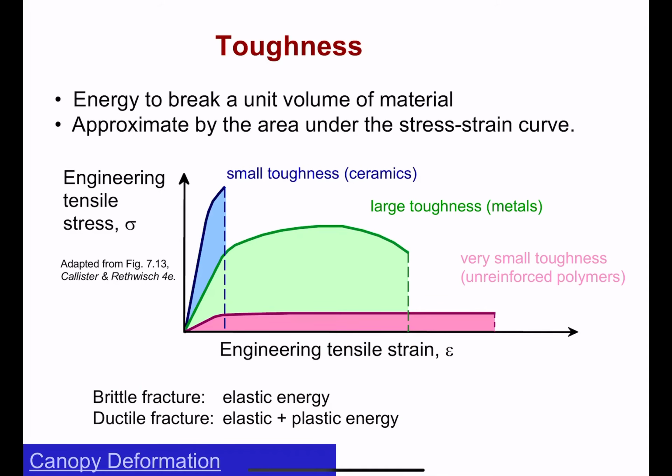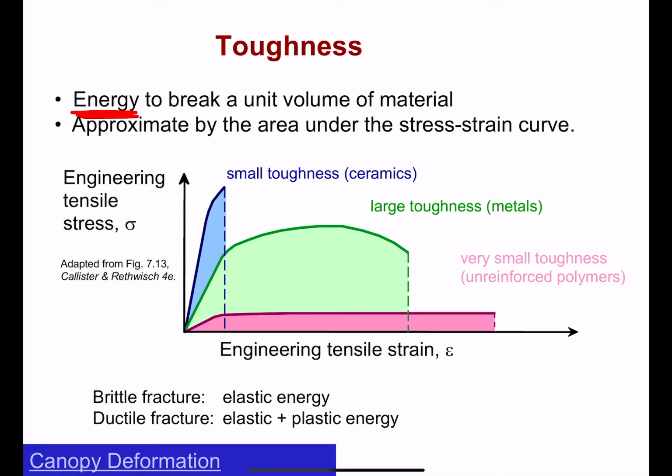Okay, another feature of these graphs is toughness. So we saw a moment ago when we looked at work equals force times distance on our spring, that the area in the graph was important there. Here we have an important analogy to draw where toughness is going to be the energy value, similar to the energy units used for work.